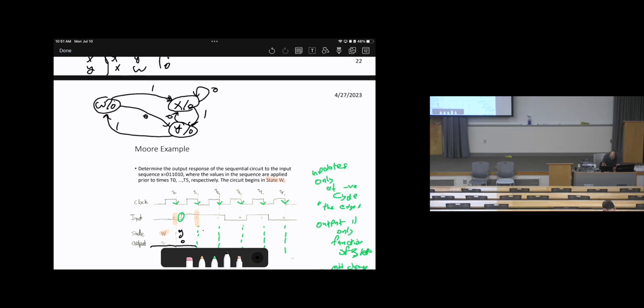Don't worry about any change in the middle of the cycle, because the output is only a function of states. Whenever there's a change in the state, there will be a change in the outputs.